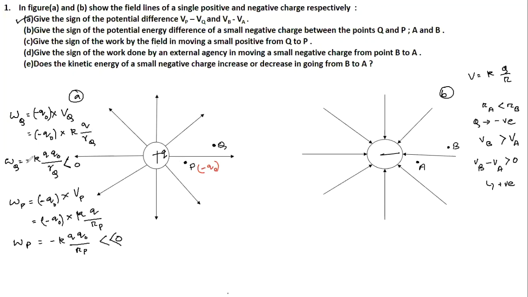Due to the sign convention, the work done for P will be much smaller compared to the work done for Q. So the work done for Q minus the work done for P will be greater than 0. Both are negative, but the work done for P is smaller, so the difference between them has a positive sign.